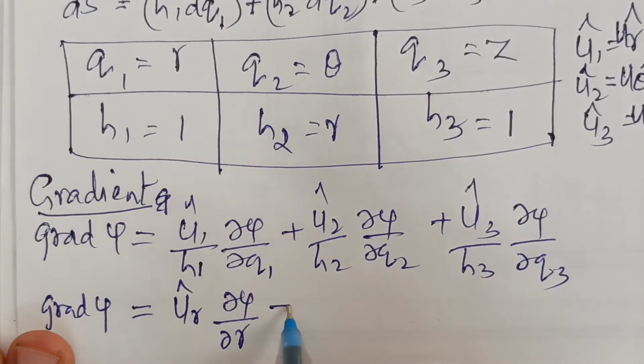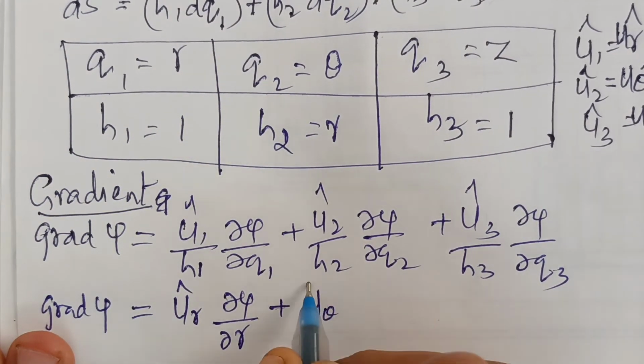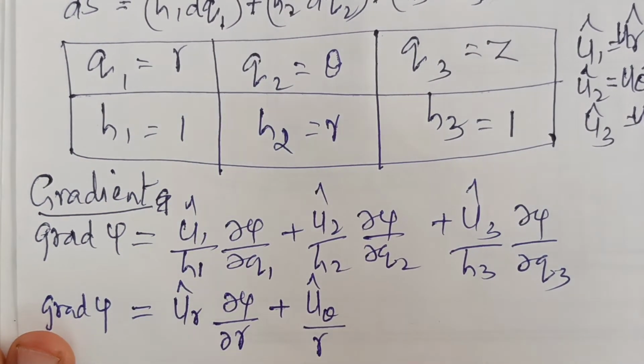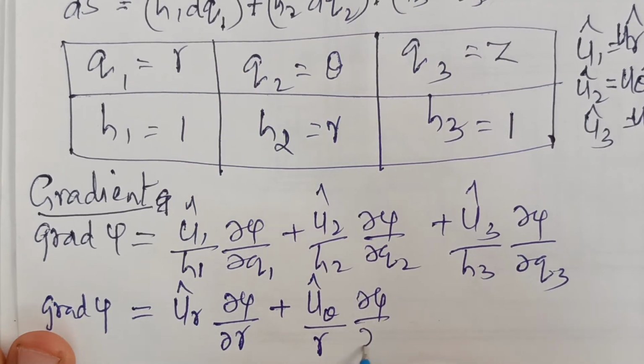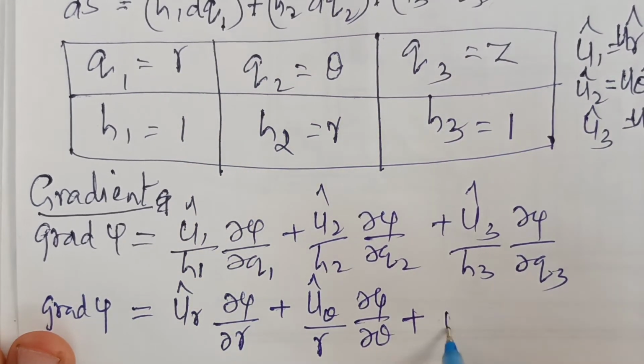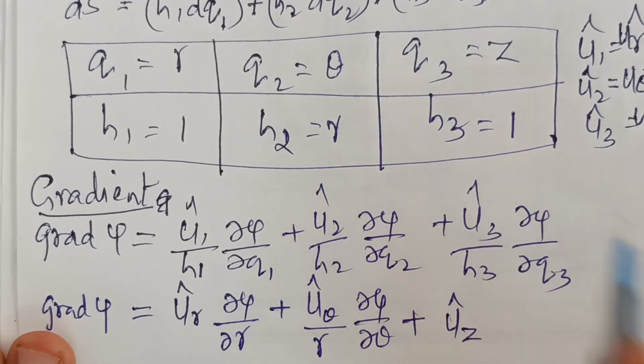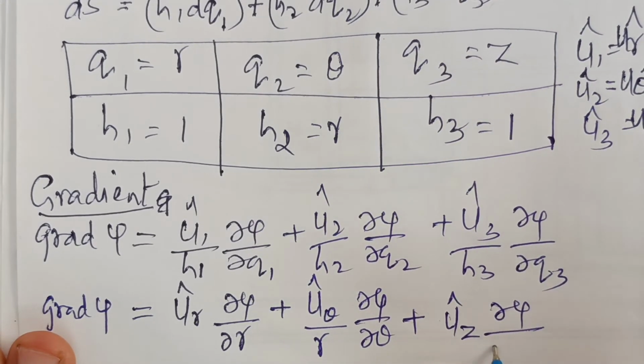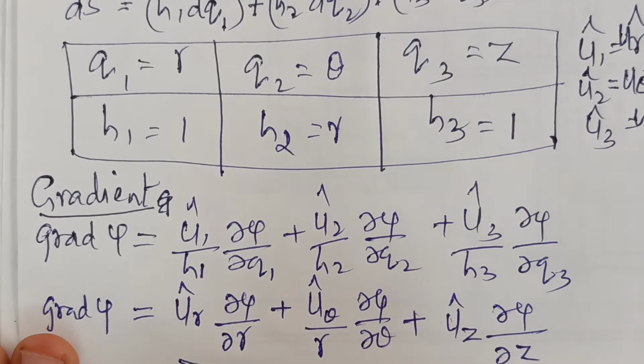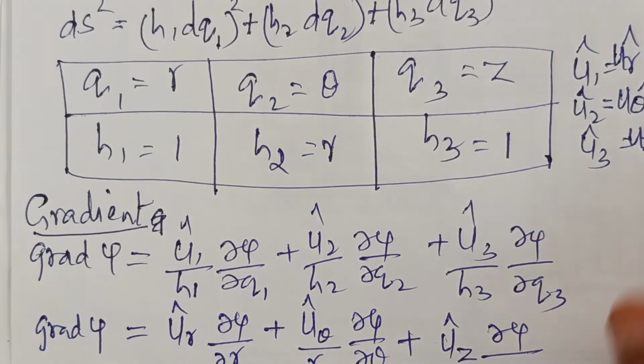Now u2 is u theta, h2 is r, so 1 by r dou psi by dou theta, plus u3 is u z, and h3 is again 1, so dou psi by dou z. So this is the gradient.